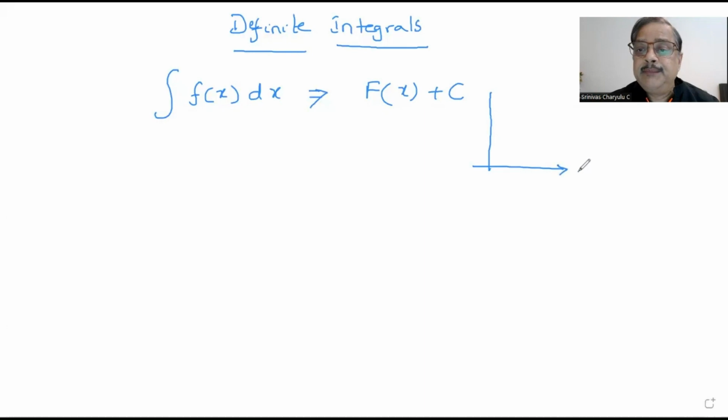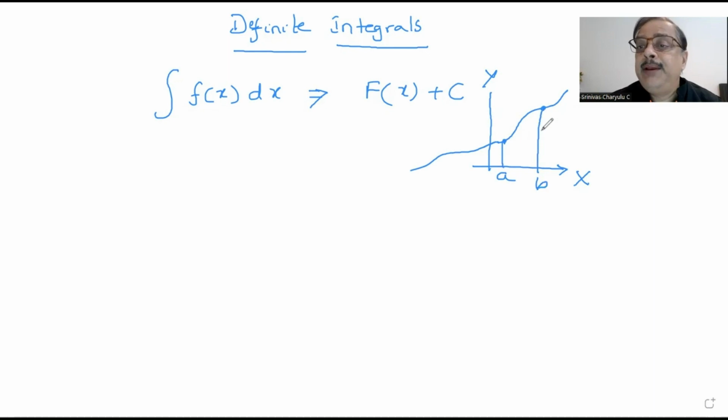See, this is your x, this is your y. Now you defined a function like this. Now this function may be going like this. We are not bothered how it is going, where it is going. Infinitely it is going. Now I will define my function between these points, let us say between a and b.